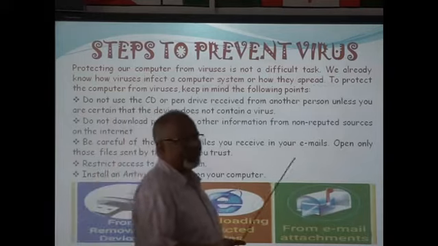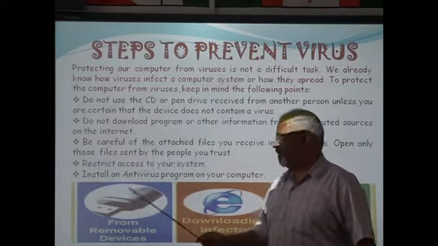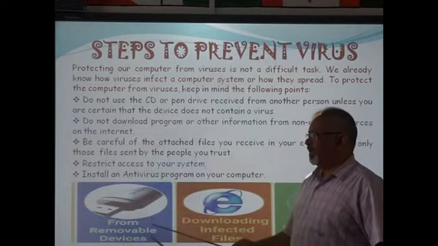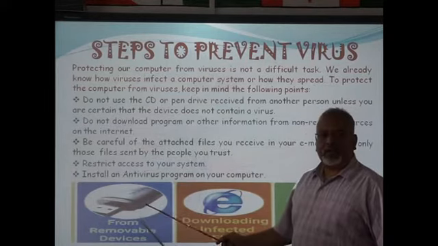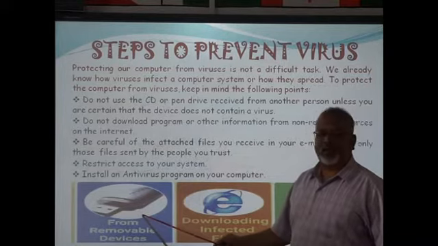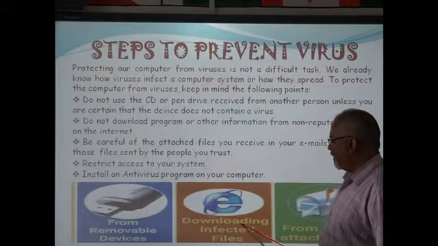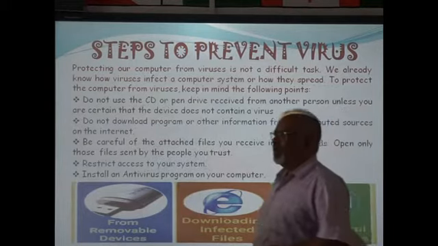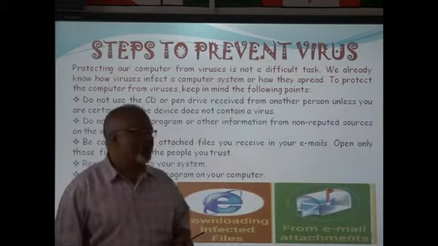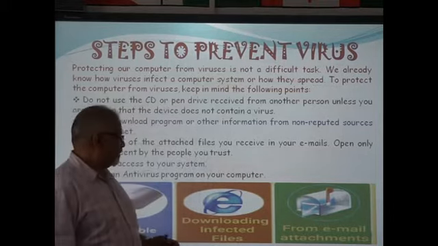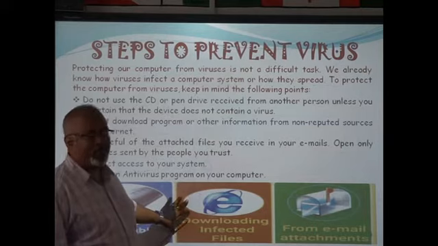Here three basic things are there which we did in the previous class also. How does a virus come? It comes through removable devices, so be sure that the pen drive or something you are using of others doesn't contain a virus. Downloading infected files: don't visit unknown or non-reputed websites to download files or games or songs, anything.